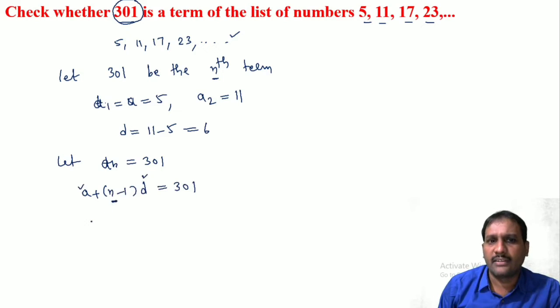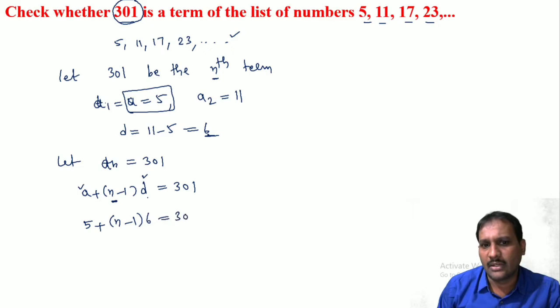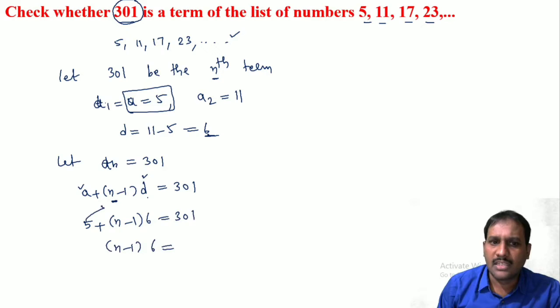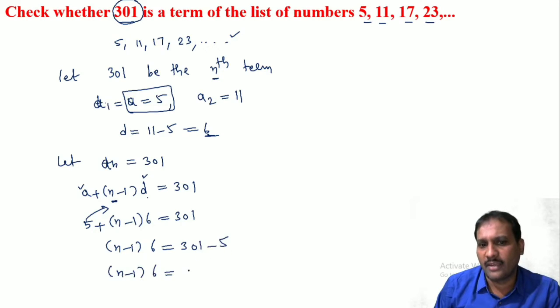N we have to find. A is 5, d is 6, so 5 plus n minus 1 into 6 is equal to 301. So n minus 1 into 6 is equal to, sending 5 to the other side, 301 minus 5, which is 296.